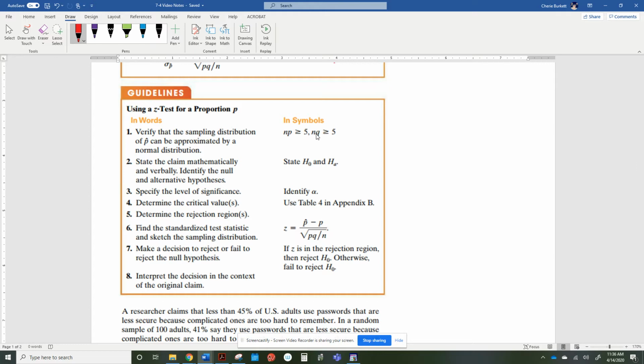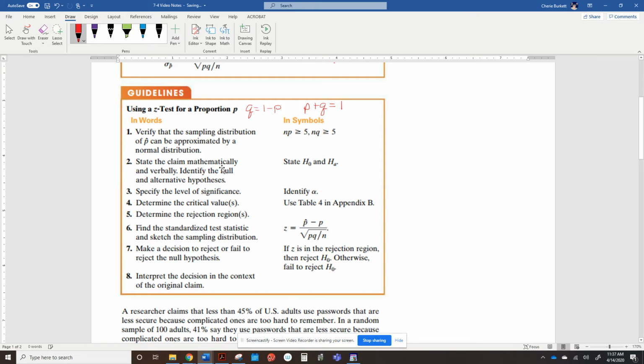Remember, what's the relationship between p and q? q is equal to 1 minus p. So p plus q should always add together to be 1. All right. So you do need to check and make sure that this happens. It should always happen. I don't think that I've ever given one where it didn't happen and you had to say, oh, I can't work this problem.